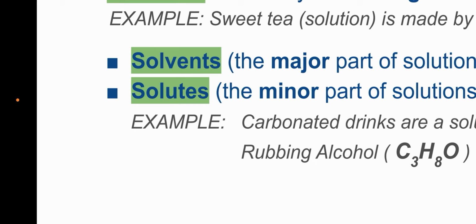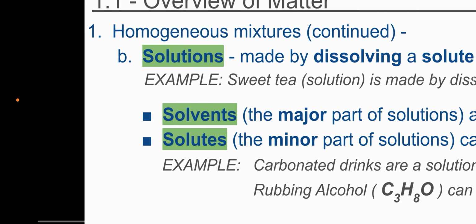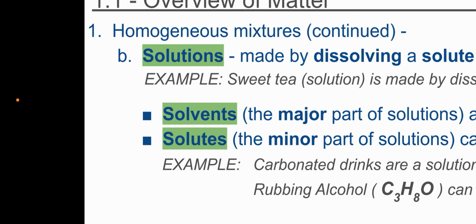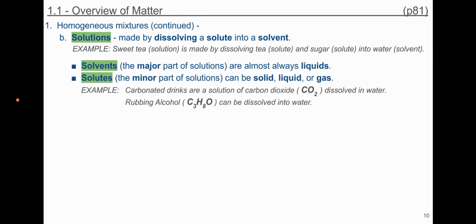So solute is literally a smaller word and it means the minor part of the solution, whereas solvent is a bigger word and it means the major part. So it's like the size of the word goes with the meaning really nicely. And then the entire thing, the solution, well, solution actually has the most letters out of all of these. So kind of the size of the word goes with the size factor of what we're talking about there. Solute, the minor, the smallest word, solvent, the major, the bigger word, and solution, the biggest word, and it's the combination of all.